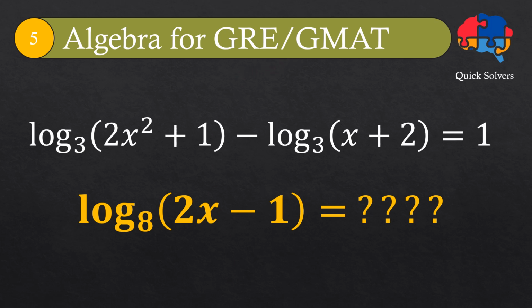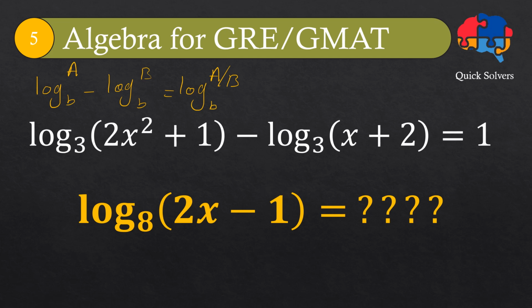Okay, let's dive in. In the first step, I'll try to simplify this following the rule that says log of A to the base b minus log of B to the base b equals log of A divided by B to the base b.